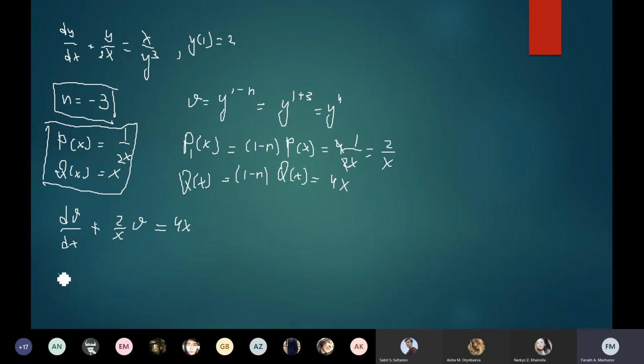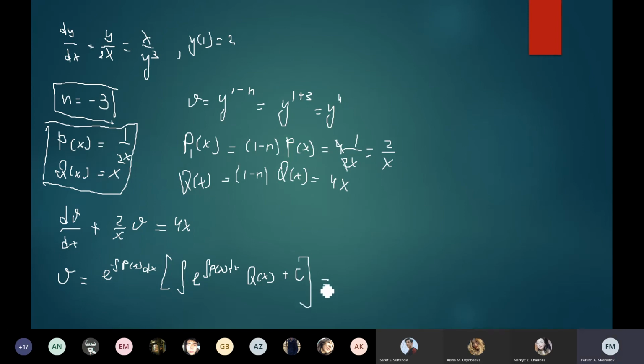Okay, so here what we need to do, we need again to find v is equal to e to the power minus the integral of p1(x) dx, times the integral of e to the power the integral of p1(x) dx times q1(x), plus c.